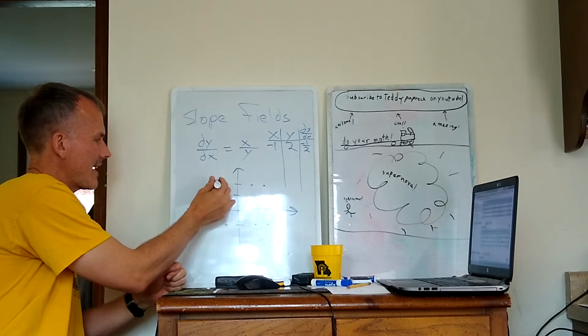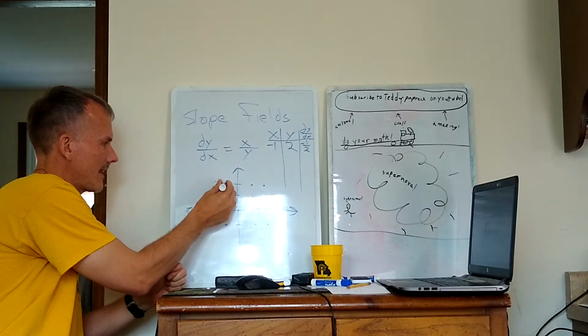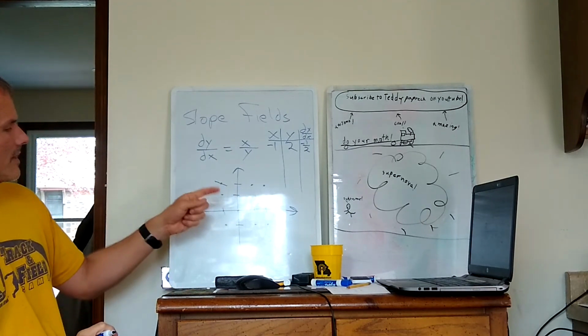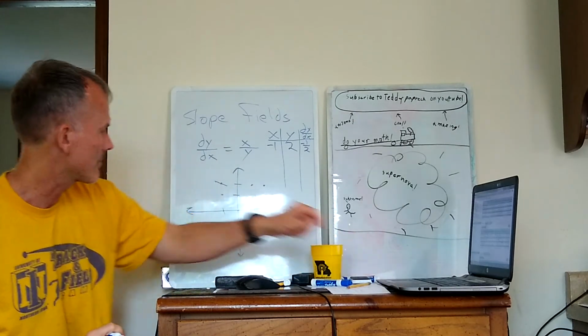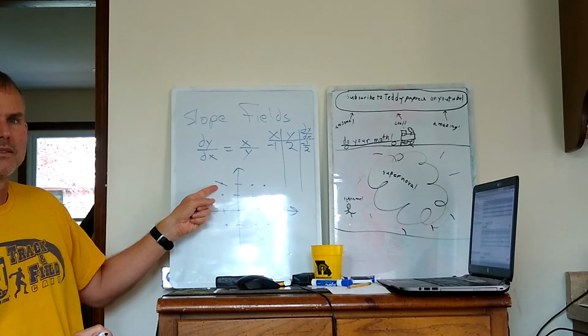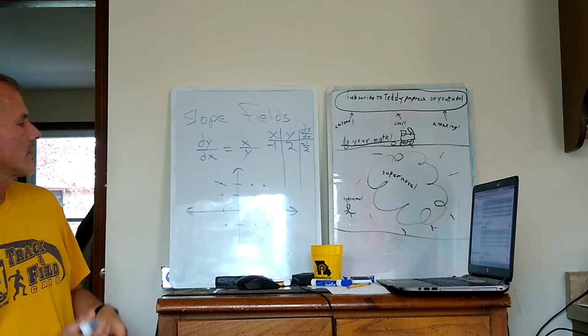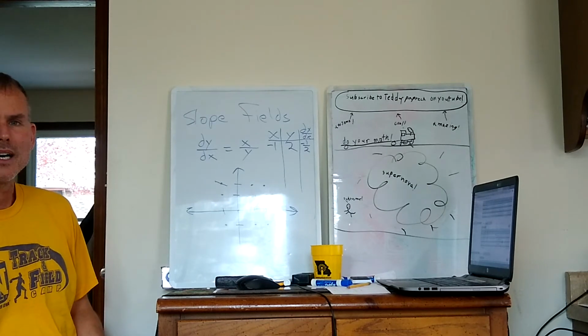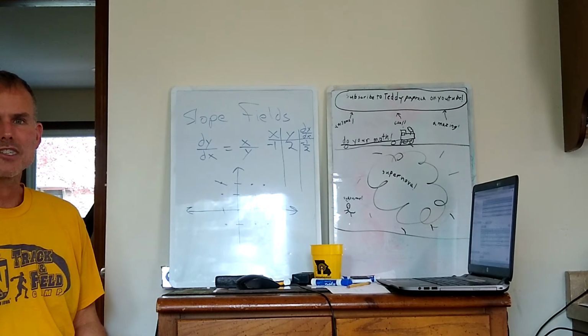So I just have to estimate it, and it might look something like that. I hope you can see that. Teddy, will you make sure that you can see this little segment that I drew here on the screen? Yeah. Okay. So I've made one little slope segment on my slope field.